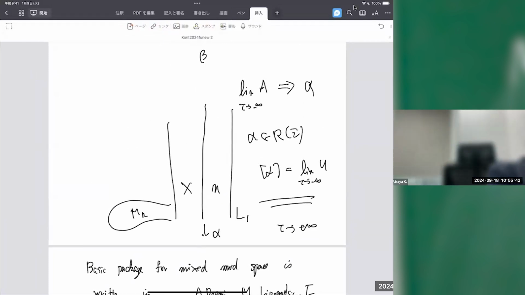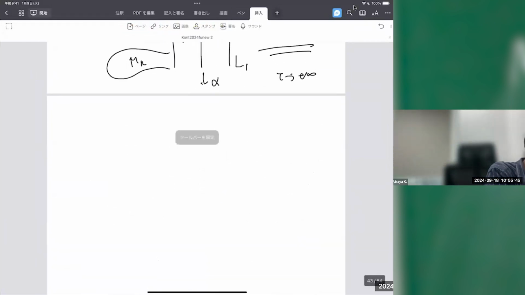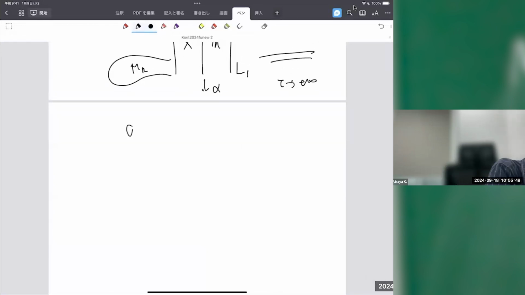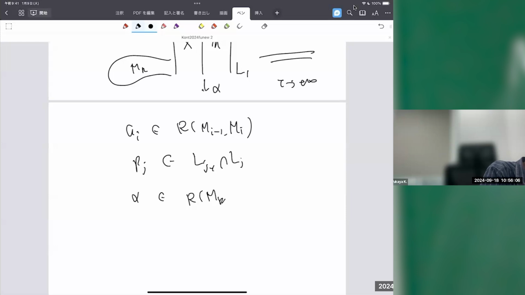And yeah, this is confusing enough, but so what we need to fix is, alpha is a flat connection on M_{i-1}, M_i, and P_j is L_{j-1}, L_j, and alpha is a kind of K cap L1, and beta is an R_{m-1} cap L_l.